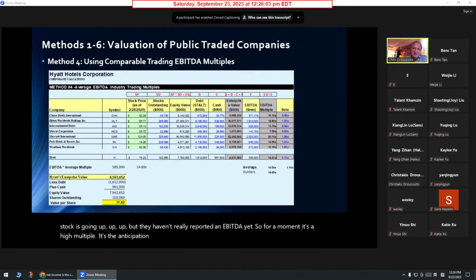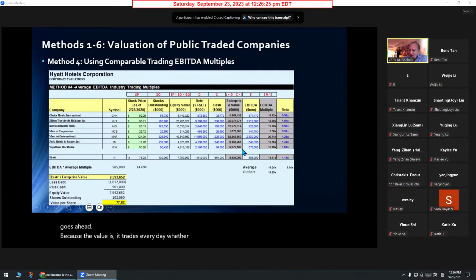So sometimes I tell people, when you have a high multiple, especially higher than the rest of the industry, you might get disappointed. If they announce the EBITDA and it is lower than you think, then the stock is going to drop. So sometimes the value goes ahead, because the value trades every day, whereas EBITDA is only announced every 3 months.